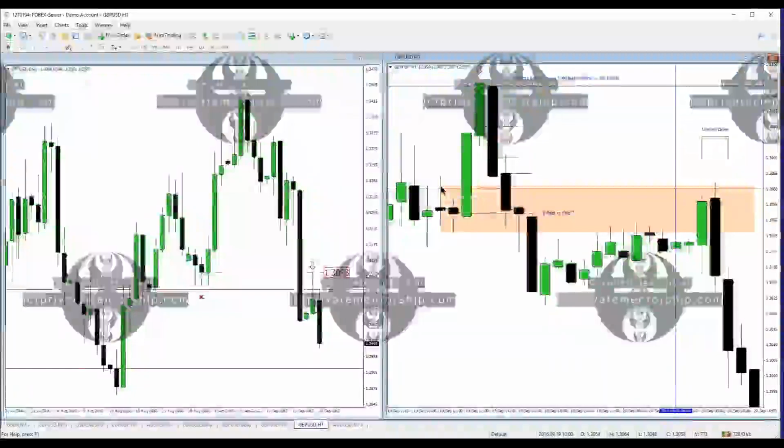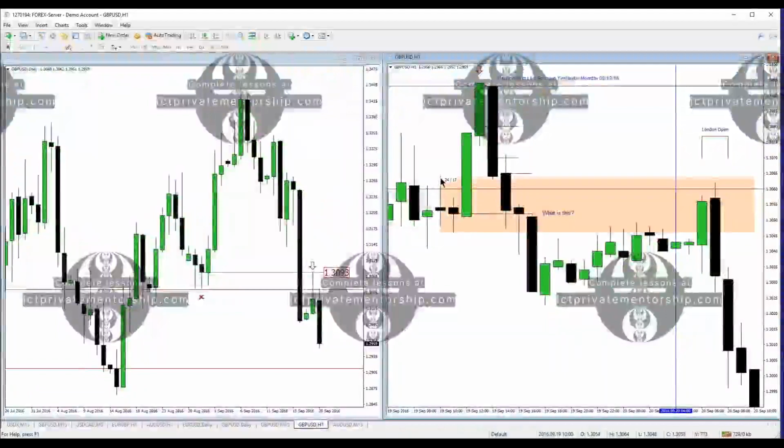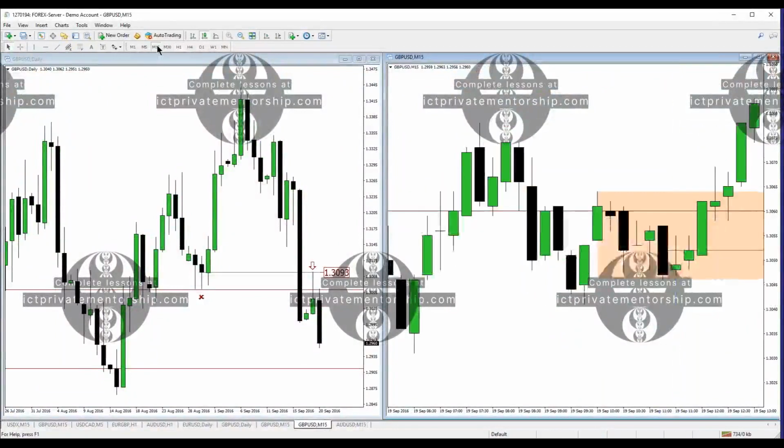But when we look at the lower time frames, we can see that those two 30-minute candles are in fact the range from this high and that low. And we drop down into a 15-minute time frame again.